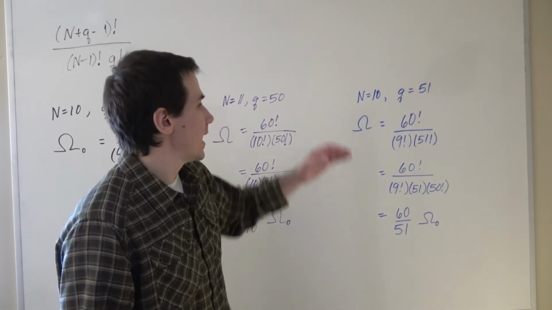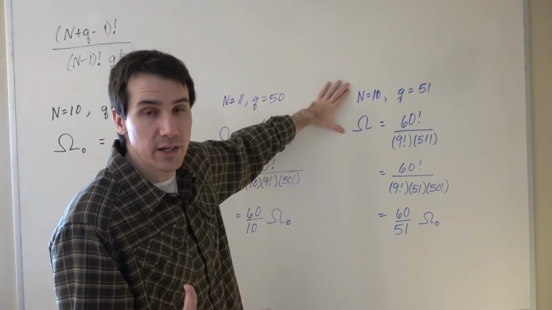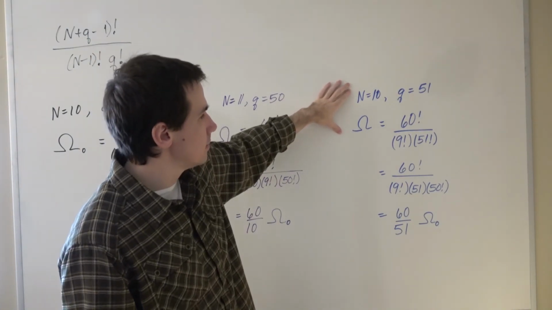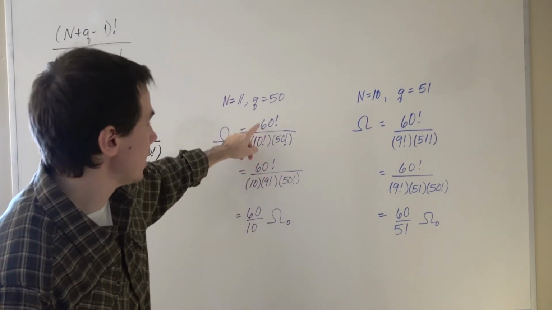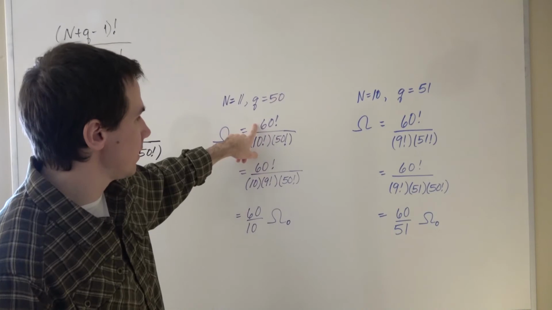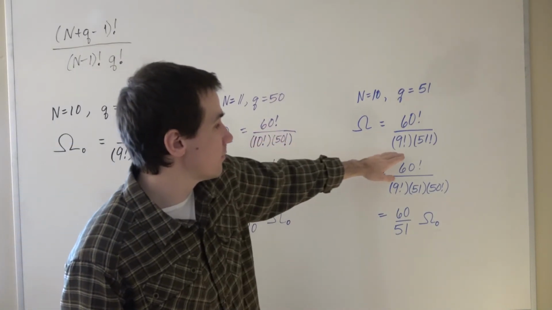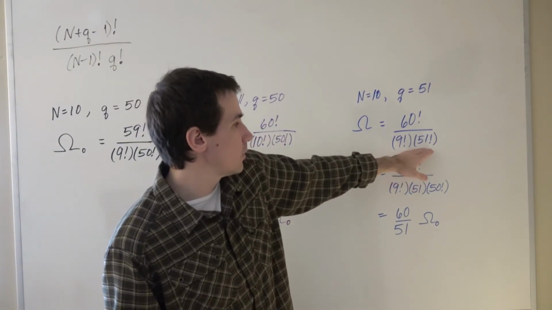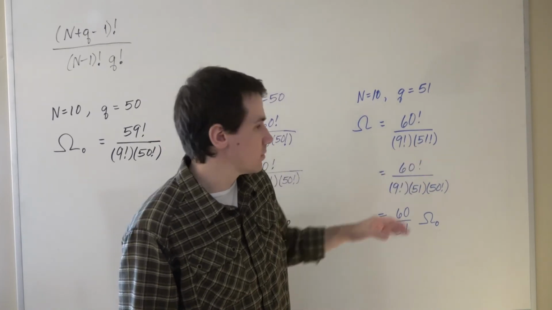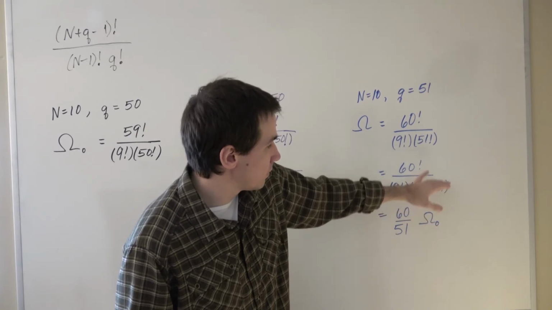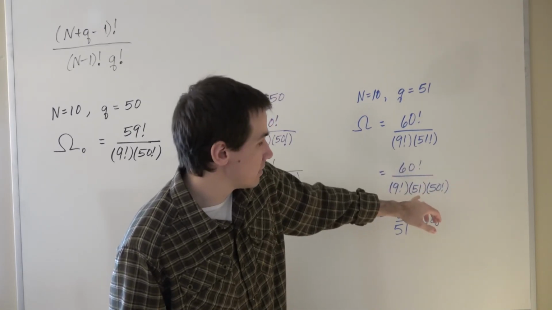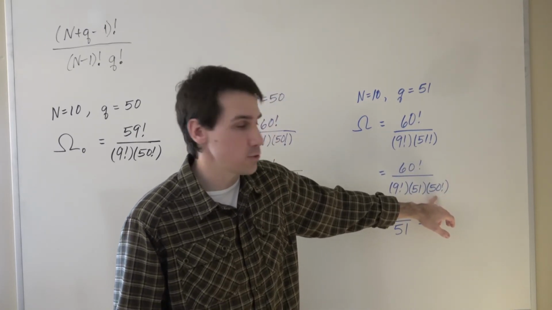So now let's look at the adding 1 unit of energy situation. Now we still have 60 factorial on top, just like when we added an oscillator. But now instead of going from 9 factorial to 10 factorial, we go from 50 factorial to 51 factorial. And we can rewrite 51 factorial as 51 times 50 factorial.